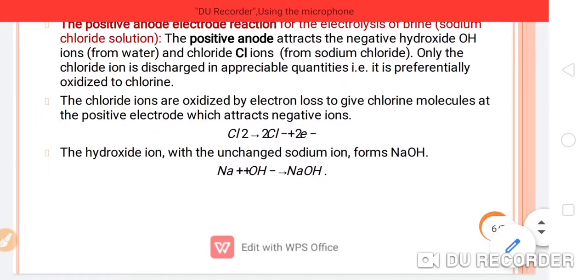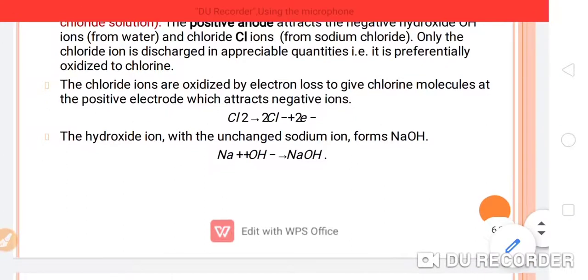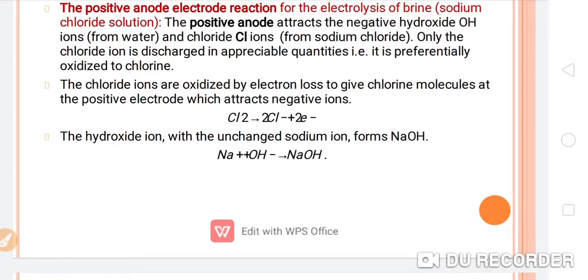Now you can see how both are discharging. Chlorine will discharge only at the positive terminal, and the second one, the OH negative, will not discharge here. Only the chloride ion will discharge. So let's see, students, only the chloride ion is discharged in appreciable quantities, that is, it is preferentially oxidized to chlorine.